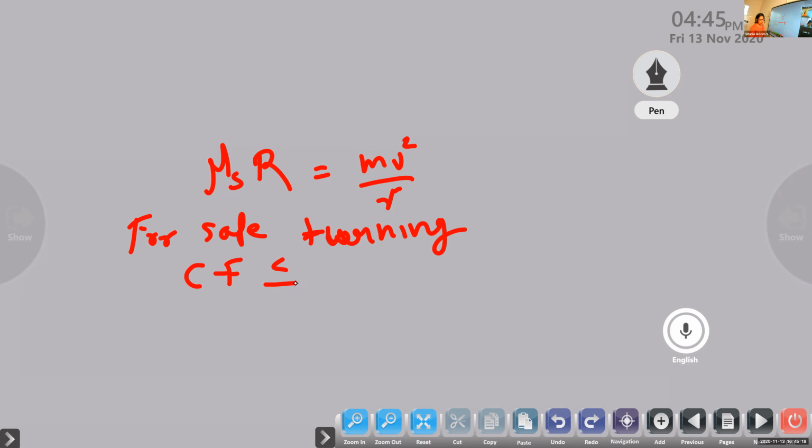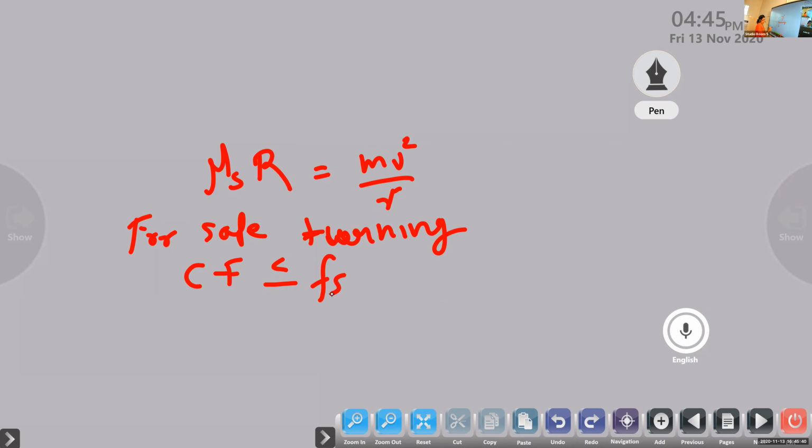It can be less sometimes, because of kinetic friction at the edges. So the centripetal force is less than or equal to the force of friction.